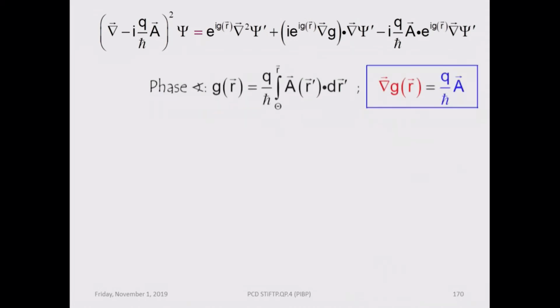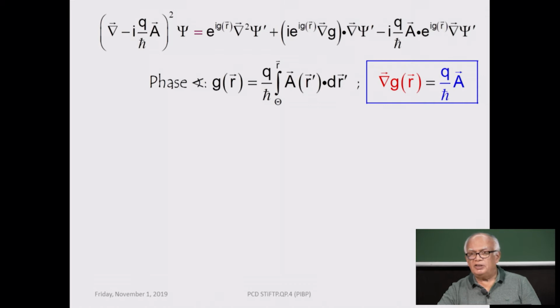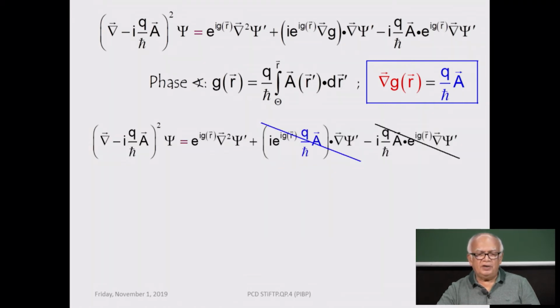So, I brought it to the top of this slide. The gradient of g we have learned is q over h cross times a. So, we can put it in. So, put the gradient of g here as q a over h cross, and this comes with a plus sign here because of this, and you have the q a over h cross with a minus sign.